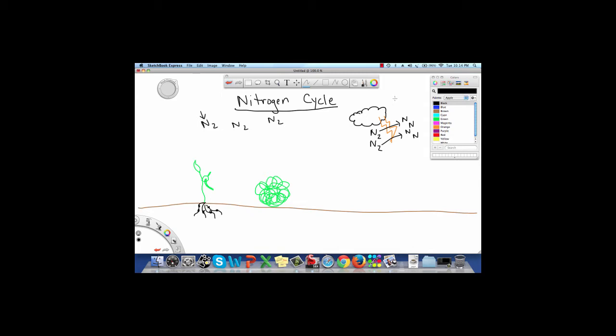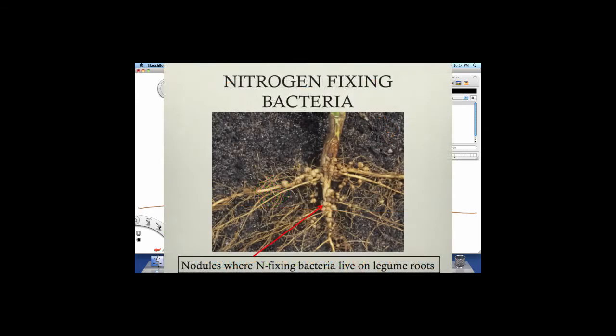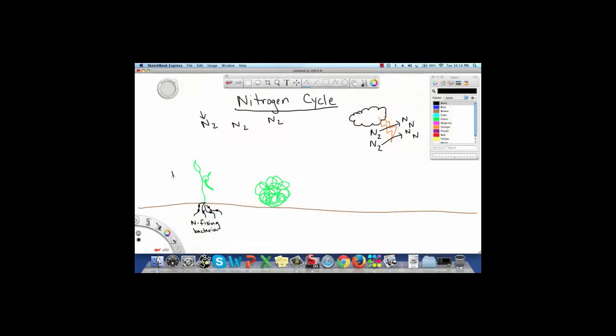The second way we can fix nitrogen atoms is with specialized bacteria called nitrogen-fixing bacteria. And I'm going to abbreviate that by N-fixing bacteria. These bacteria live in little bumps called nodules on the roots of legume plants. Okay, so this plant here is a legume.